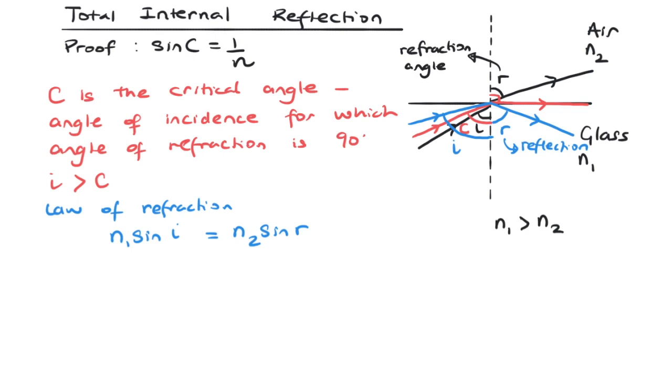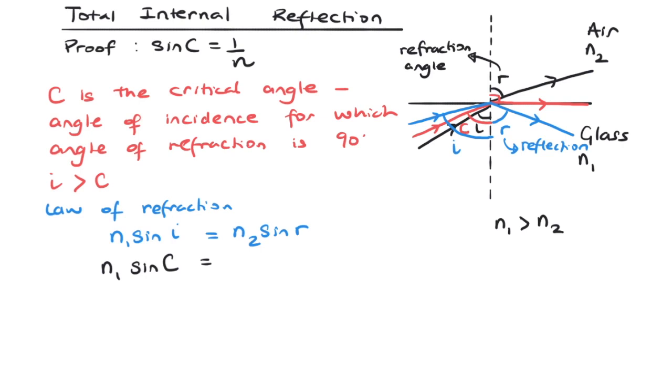So if I now apply this to this particular situation of a 90 degrees refraction angle, I can say that N1 sine C is equal to N2. Now N2 in this case, and in most cases, especially in your textbook, in the OCR syllabus, is going to be air.